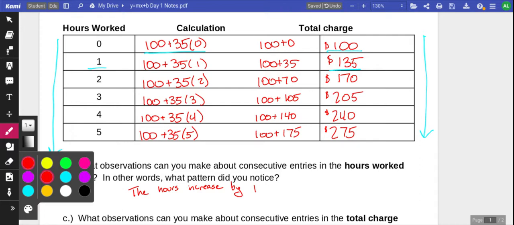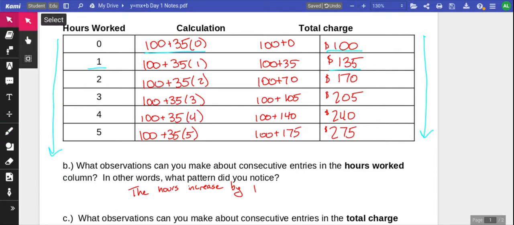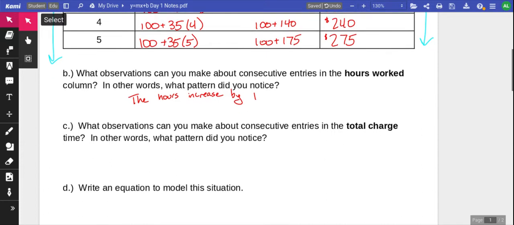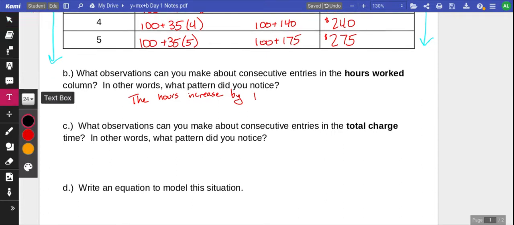All right. And then it asks us the same thing about these entries for the total charge, so how much this person is making. So that column we can see goes up by 35. Every time it's moving up by an hour, he's making $35 more.